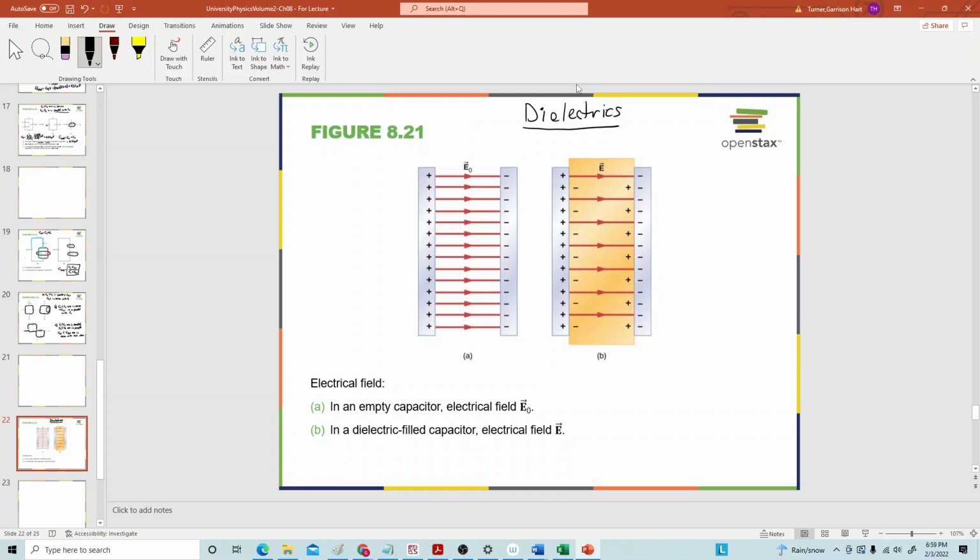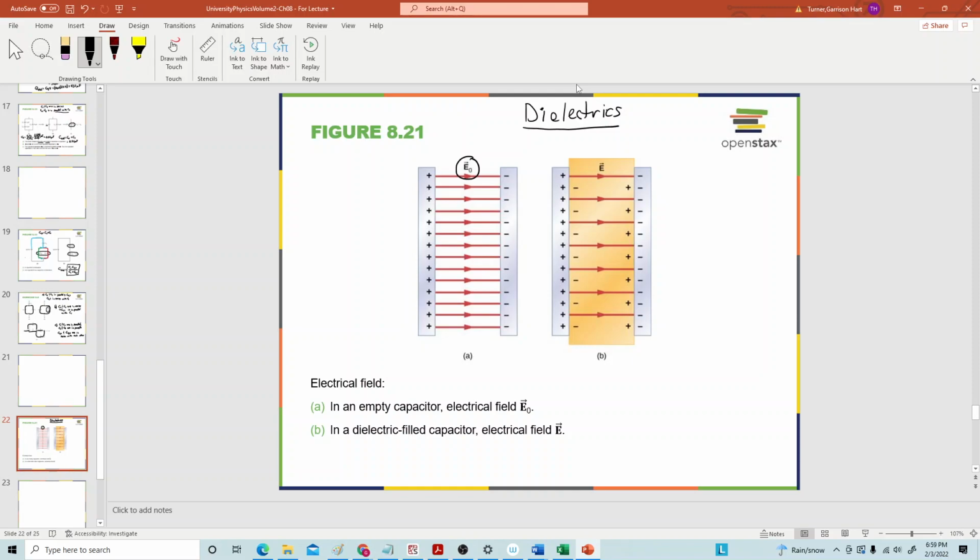When you put two charged plates in some region of space in this configuration, then they generate a uniform electric field, and we've seen that before.